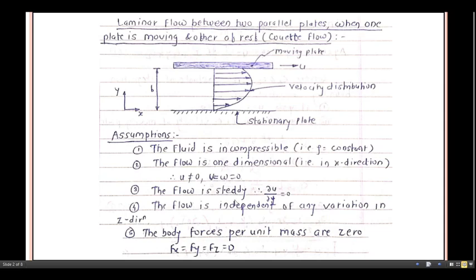The flow is steady, so ∂u/∂t equals 0. The flow is independent of any variation in z direction. The body forces per unit mass are 0, that is fx equals fy equals fz equals 0.